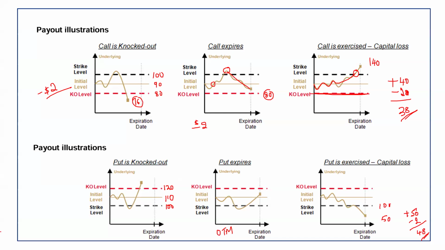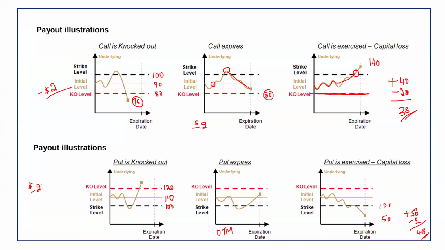Now, here there is a concept called rebate. You pay a premium of $2, and during the life of the contract, if the option hits the upper barrier or the lower barrier, the writer will refund a certain pre-agreed percentage of the premium.